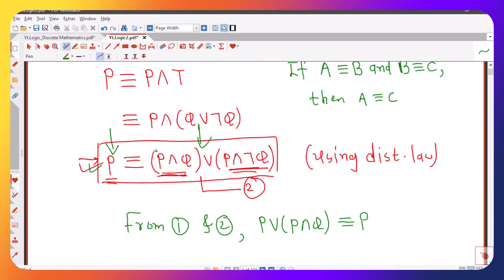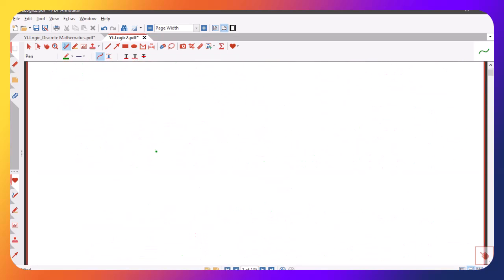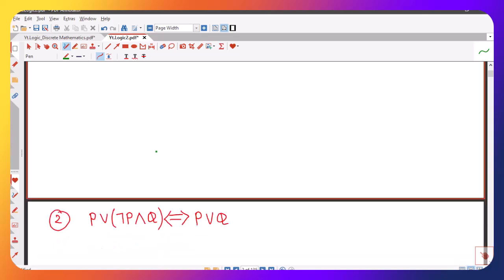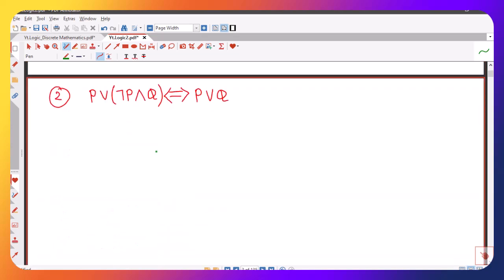So this is another way of proving the logical equivalence of given two formulas. I have written another logical equivalence also. Here I have to prove that this is logically equivalent to P or Q.